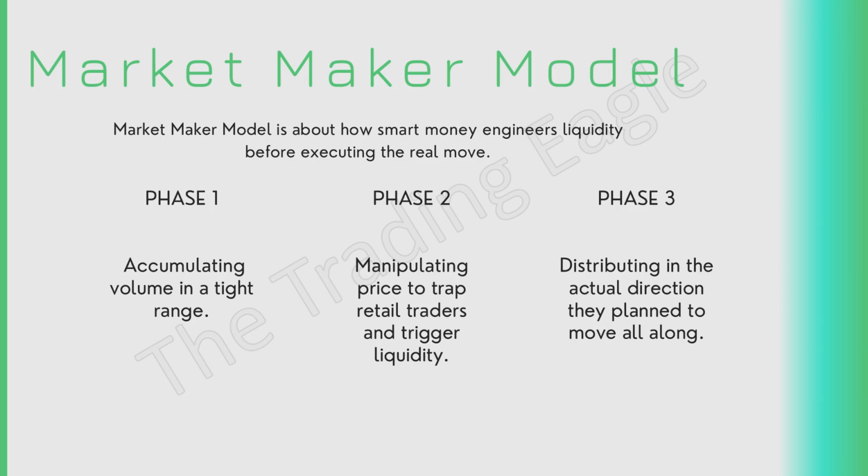Phase one is where they accumulate volume in a tight range. Phase two is where they manipulate price to trap retail traders and trigger liquidity. Phase three is the distribution stage, where price is distributed in the actual direction where they plan to move all along.